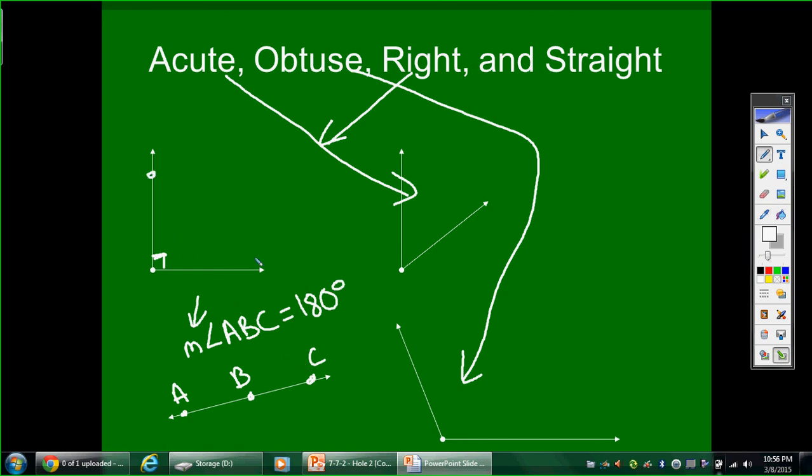Here, if we call this DEF, this right angle, we would say the measure of angle DEF is equal to 90 degrees. Here, we would say the measure of this acute angle is less than 90, and the angle of this obtuse angle is greater than 90, but less than 180.